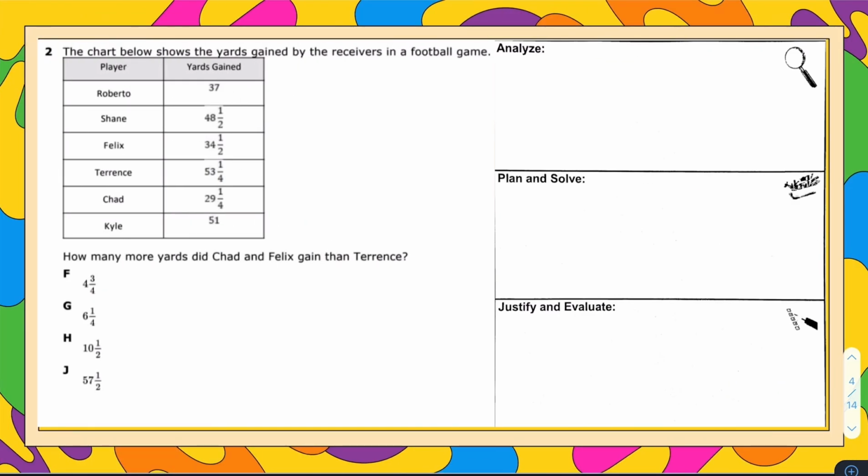Question number 2. The chart below shows the yards gained by the receivers in a football game. How many more yards did Chad and Felix gain than Terrence? So analyze this question. How much more or how many more means we need to subtract.